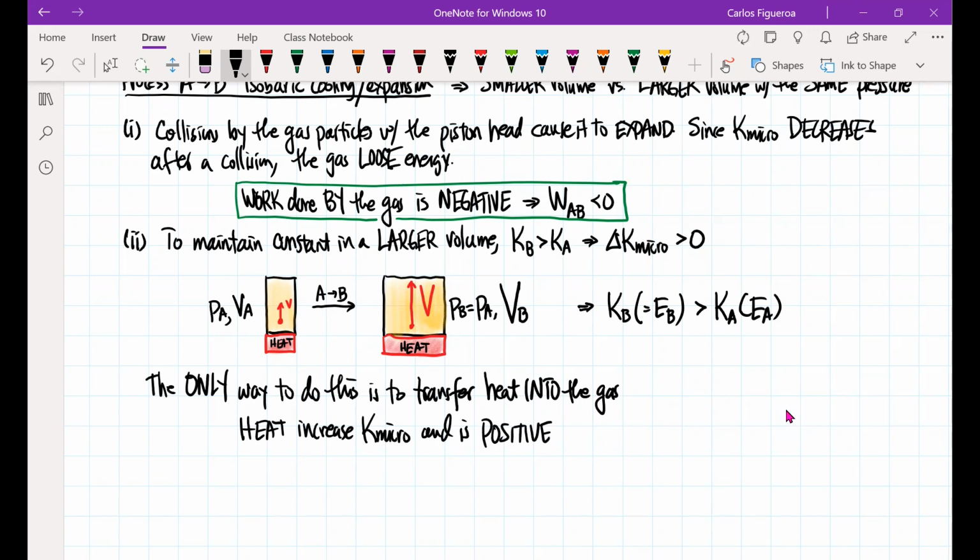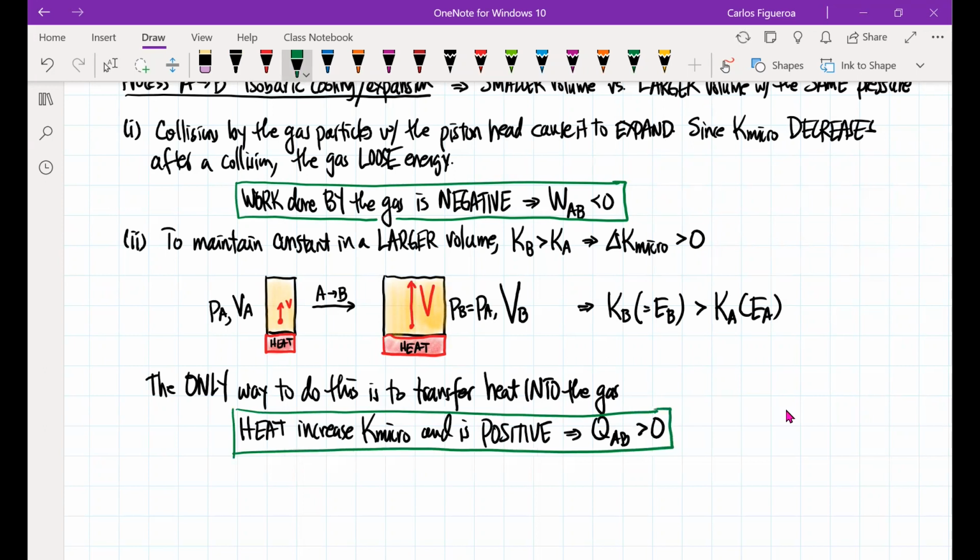So that implies that QAB is greater than 0. In other words, there's an increase in heat into the system.